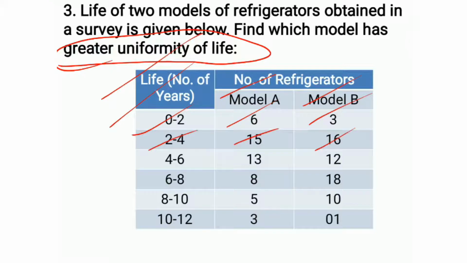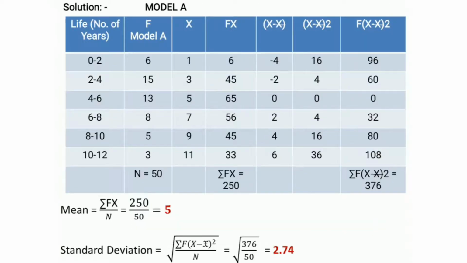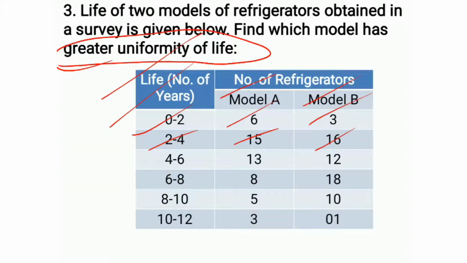We'll go to the solution part directly. In this problem, in order to find the greater uniformity of life, the concept to be applied is that we need to calculate the coefficient of variation, in short CV, for model A and model B. This has to be done separately for model A and separately for model B, and the CV values compared to find the greater uniformity of life.